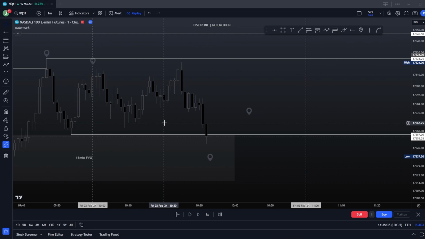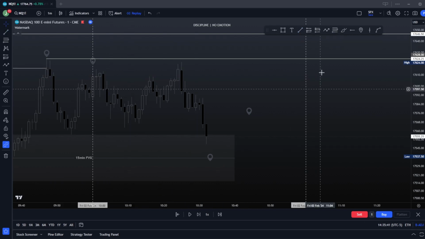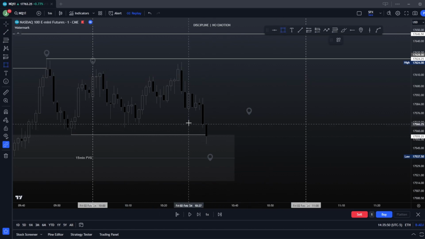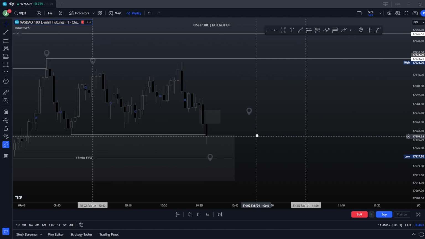That's our thought, because we have price displacing down on the 1 minute. On the 1 minute, we see that market structure shift. We see a fair value gap.